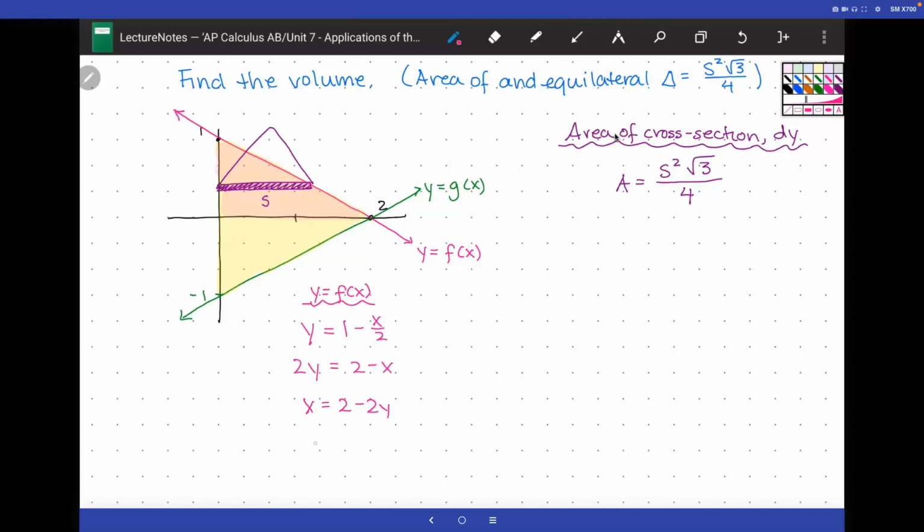And that turns out to be the side then. The side of the triangle can be represented. Right is 2 minus 2y, left is just 0, so the side is just 2 minus 2y.